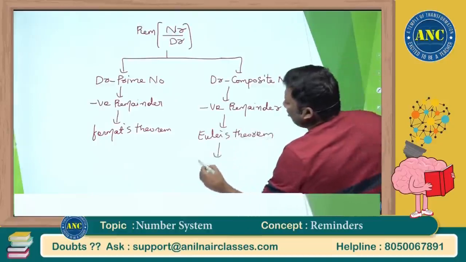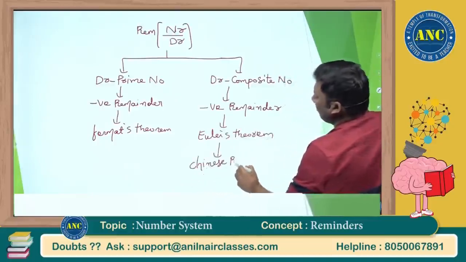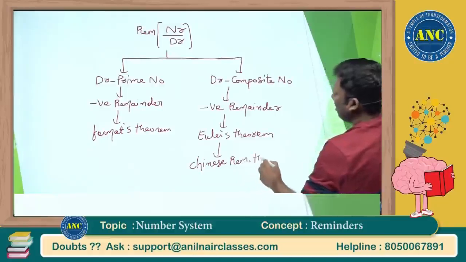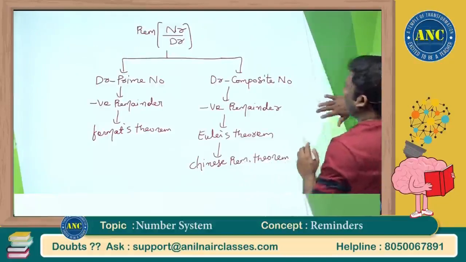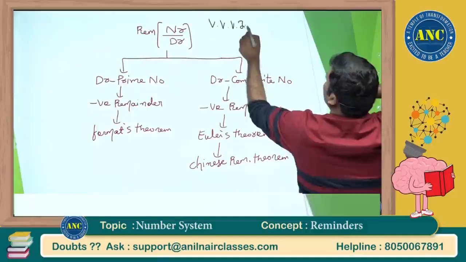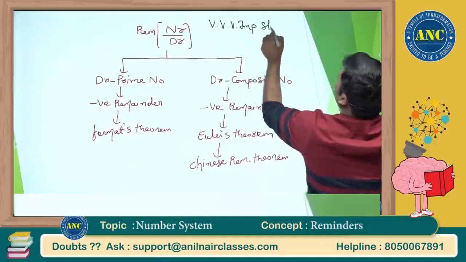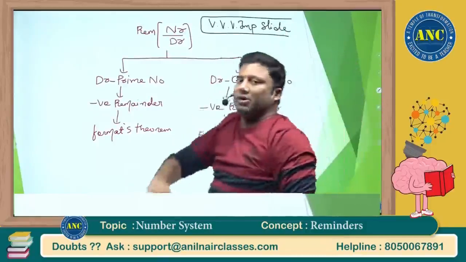If it is also failing, then use Chinese remainder theorem. Please put it as a very, very important slide, sir. This slide will tell you when to use which concept.